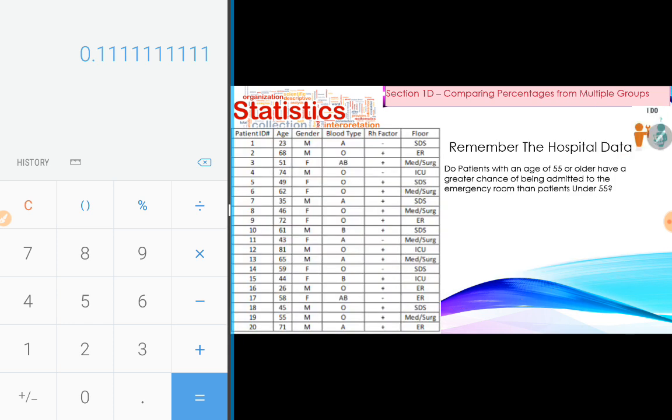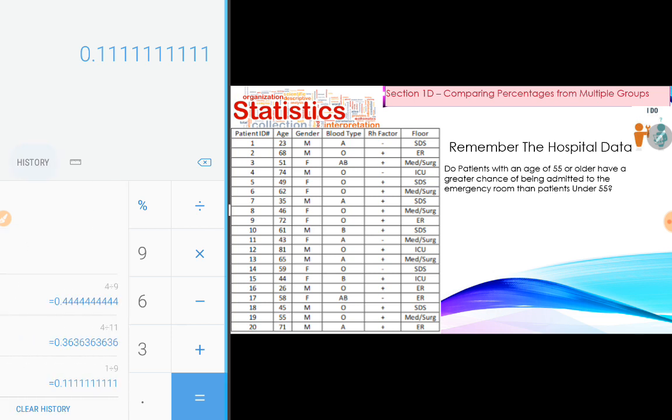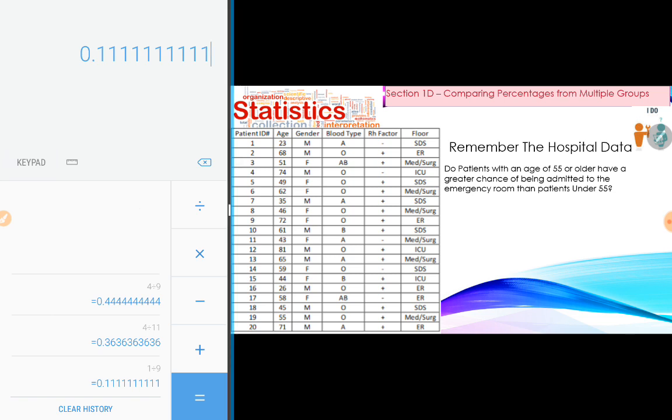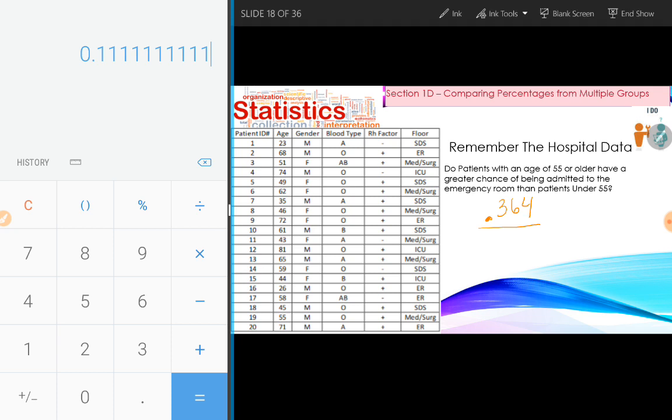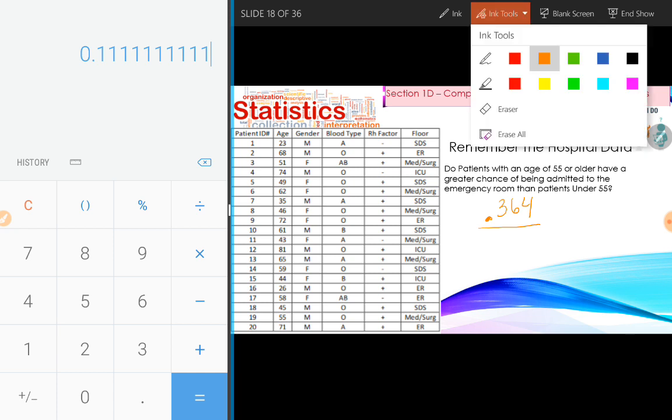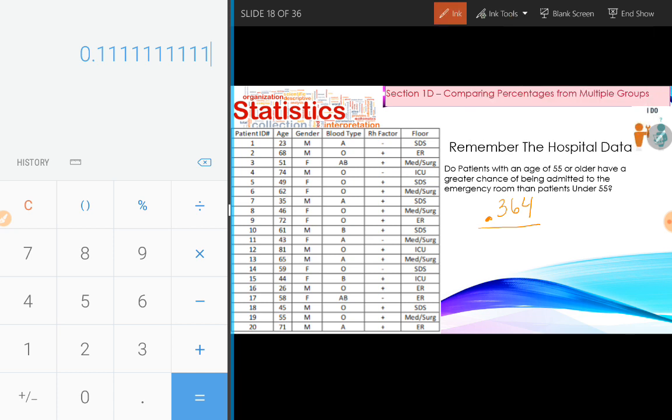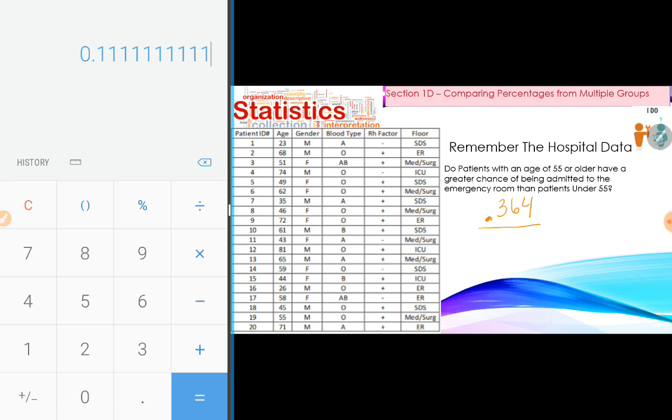So let's look back and try that again. We had 0.364 as my higher proportion, and for my lower proportion, I had 0.111.